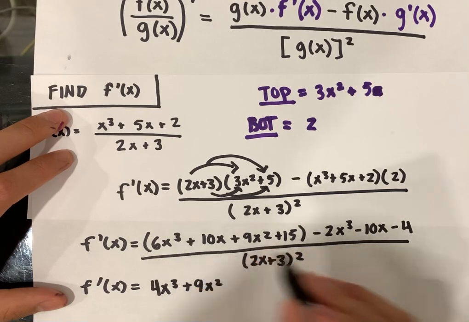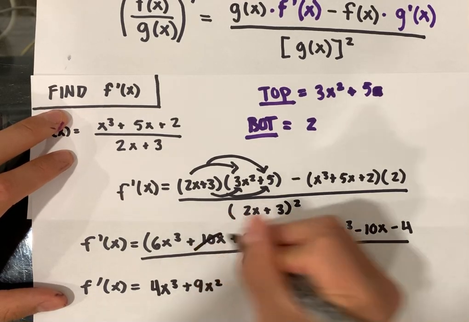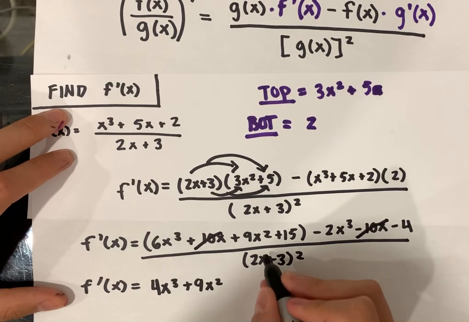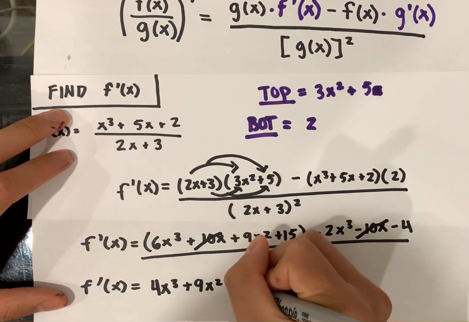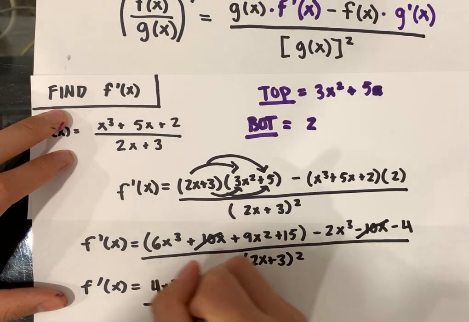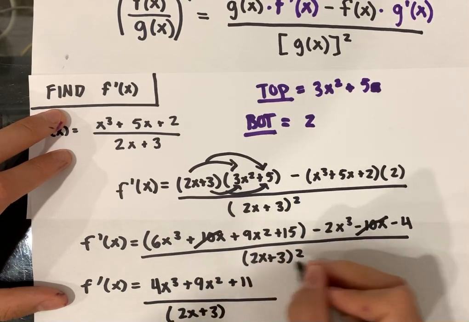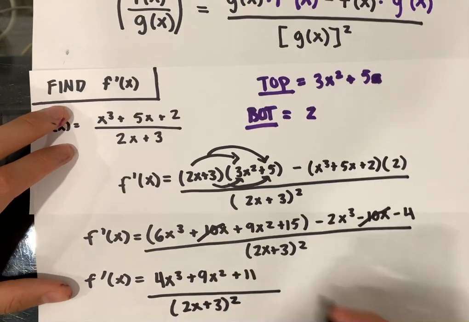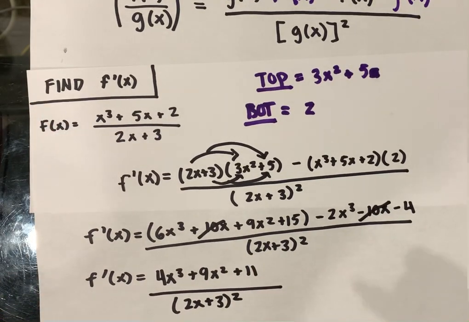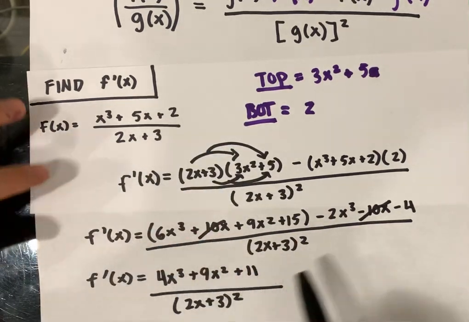We have 10x minus 10x. Those cancel. And then we're left with 15 minus 4, plus 11. And I like to keep the denominator like this, it just makes it a lot cleaner. And yeah, so this is the derivative for this entire function.